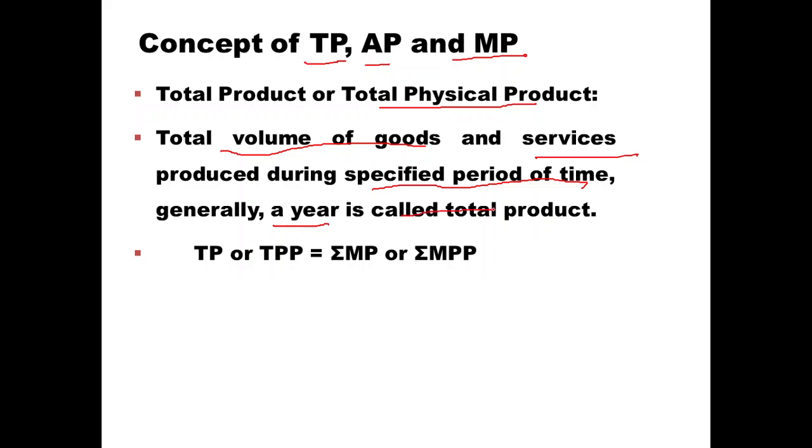You can measure total product, or total physical product, by taking the summation of all the marginal products, or summation of marginal physical product. So that's what total product or total physical product means.